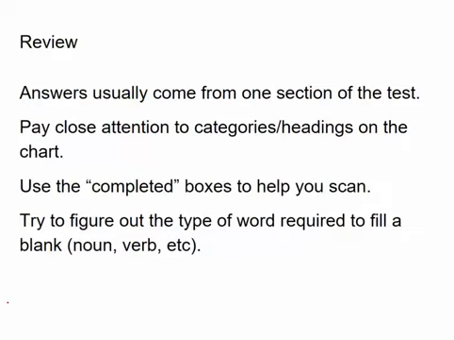And then, if possible, as with all short answer question types in particular, try to figure out the type of word required to fill in the blank. In our example question that we just saw, we had two answer choices. 1 and 2 were specific locations within a plant. Okay, they were the roots and the fronds. We could have guessed that they were going to be nouns we had to look for that are these places on the plant.